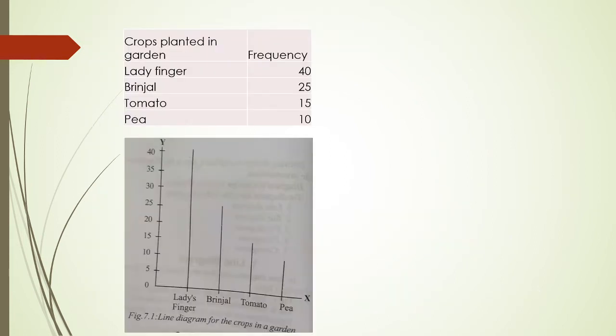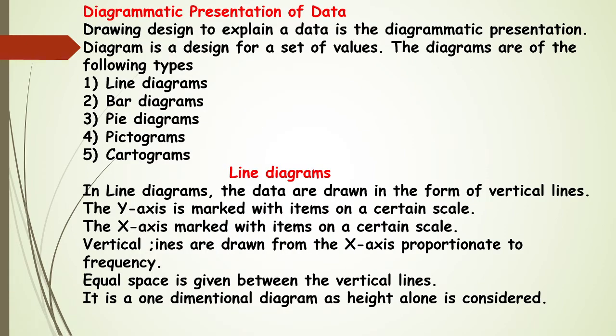Here you can observe the crops planted in the garden. For ladyfinger, the frequency is 40, so we show the frequency by a line of 40. For brinjal, the frequency is 25. For tomato, the frequency is 15, and for pea plant, the frequency is 10. This is how the line diagram is shown.